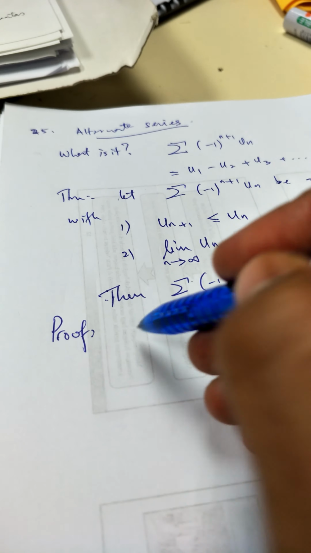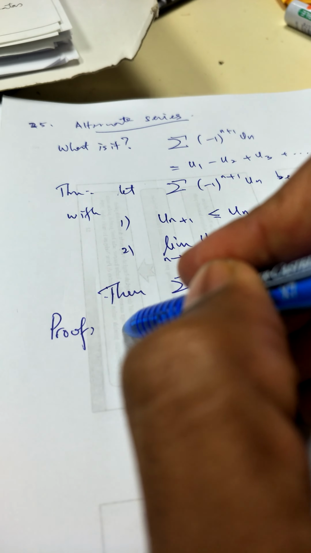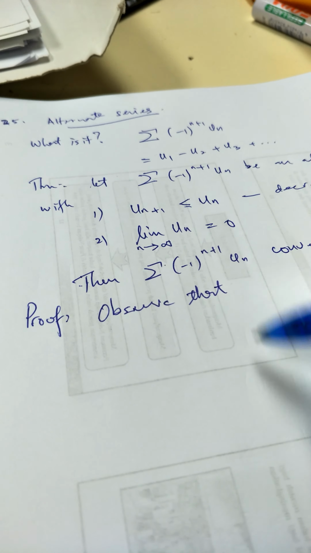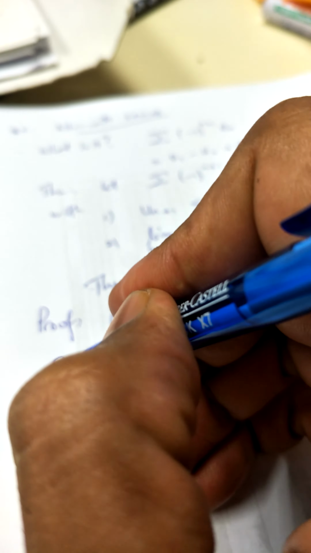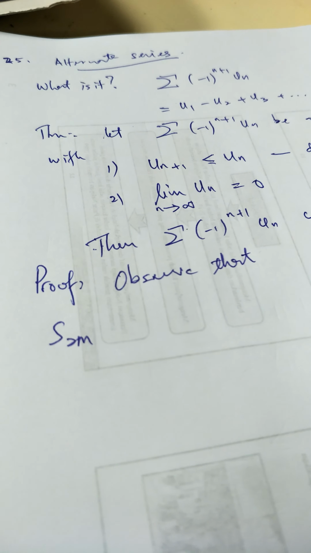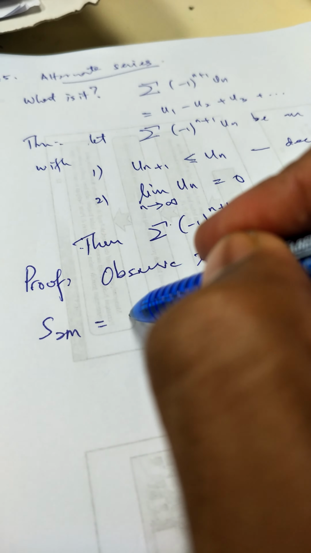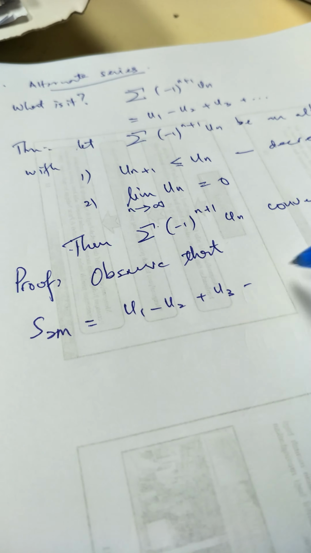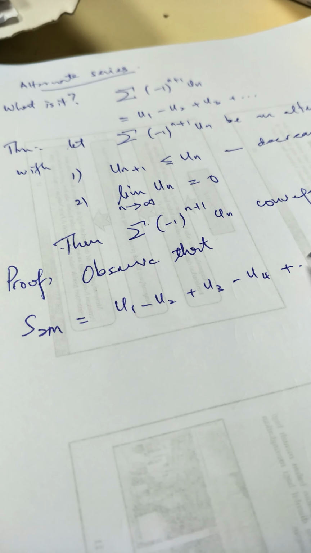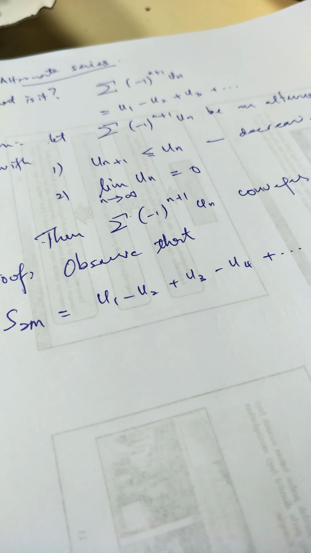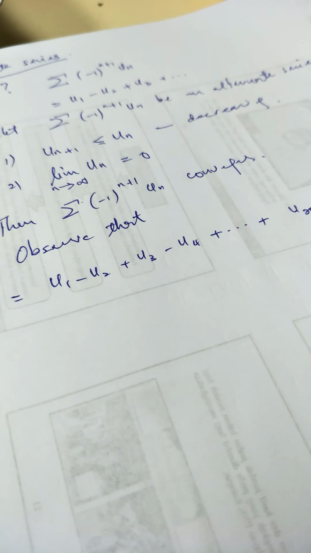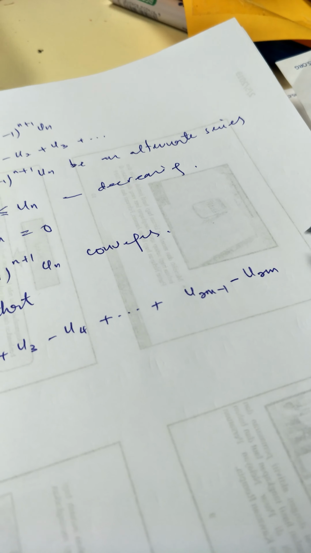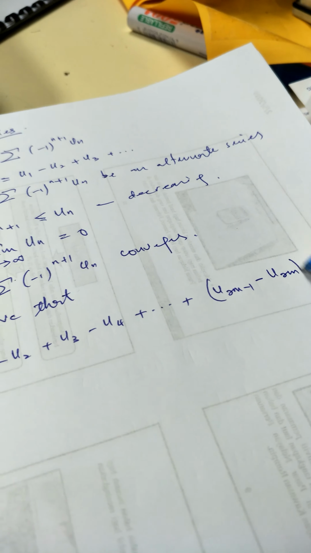we observe S2m, the partial sum up to 2m. So this is u1 minus u2 plus u3 minus u4 and so on, up to u(2m-1) minus u2m. You can group that.